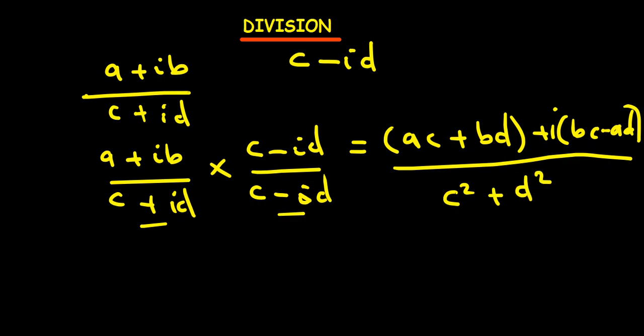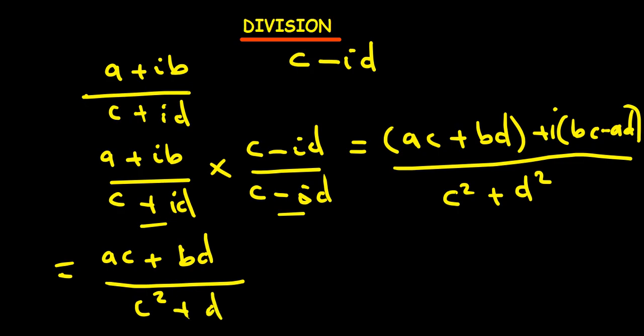Then you can write that in the form: ac over c squared plus d squared, and then the second part, which is bd over c squared plus d squared.